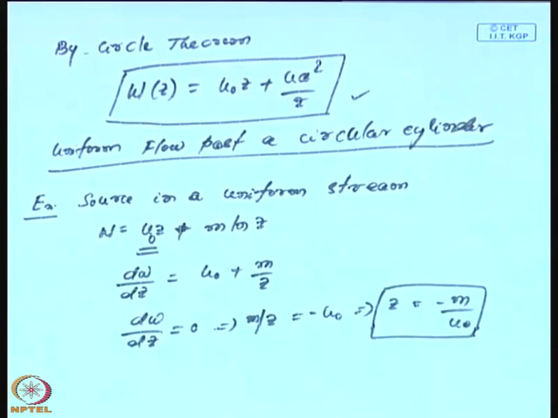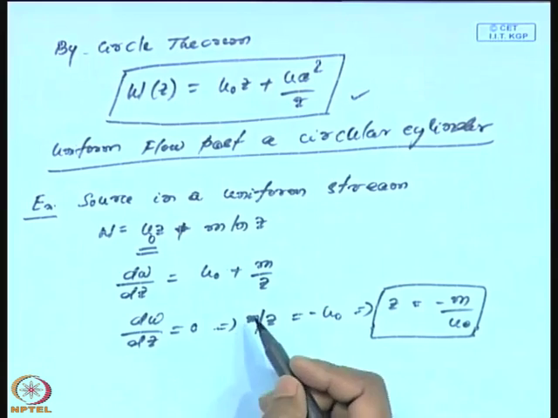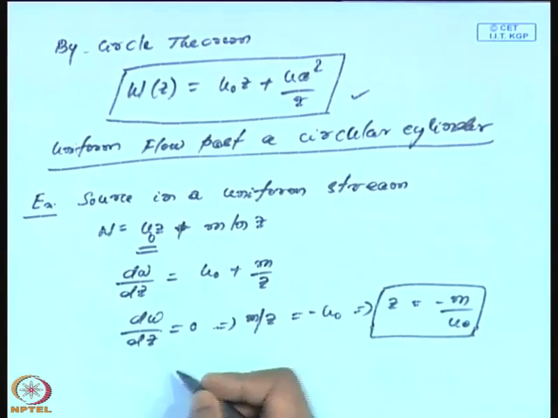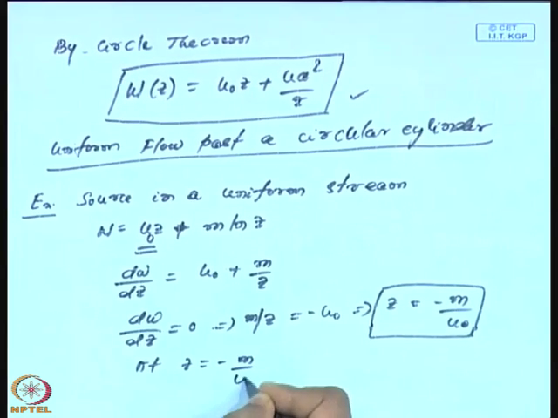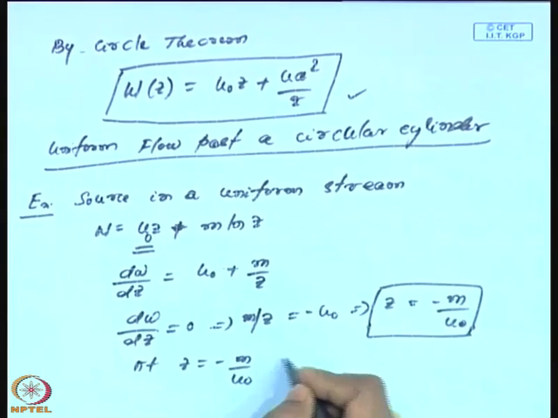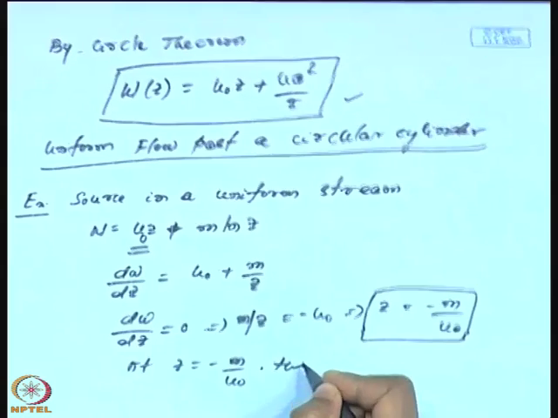So, at z equal to minus m by u naught, there will be a stagnation point.